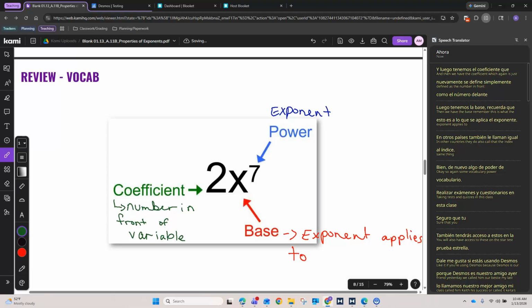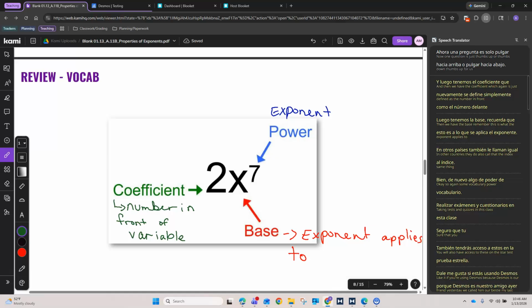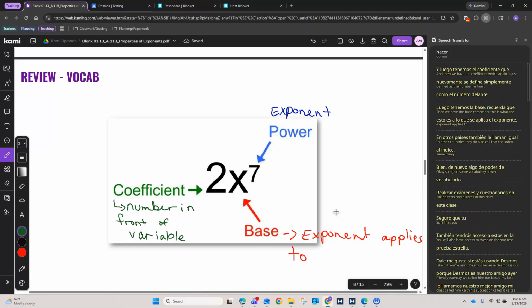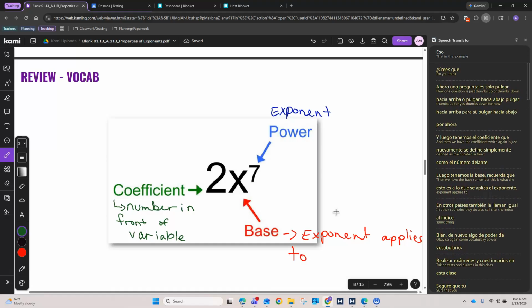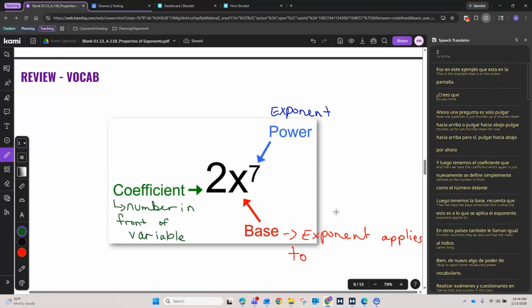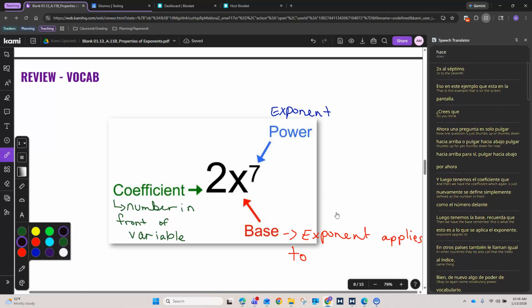Now, one question, it's just thumbs up or thumbs down. Thumbs up for yes, thumbs down for no. Do you think that in this example that is on the screen, 2x to the 7th, does the 7 affect the 2? Does the 7 affect the 2?